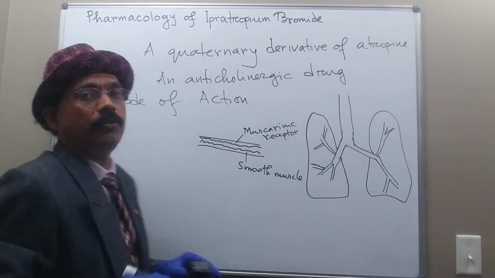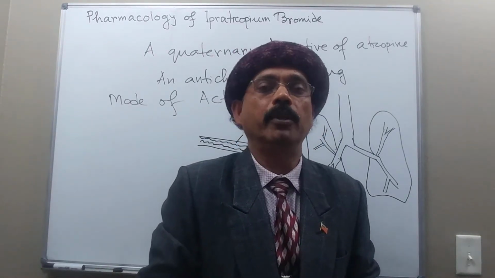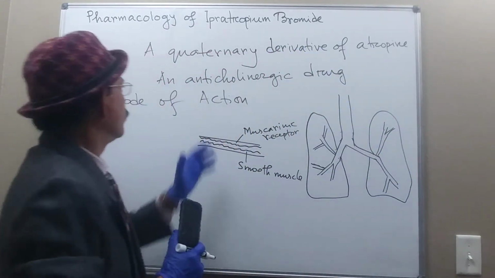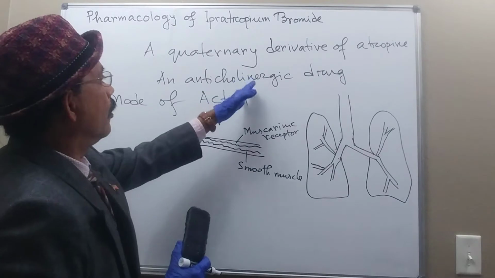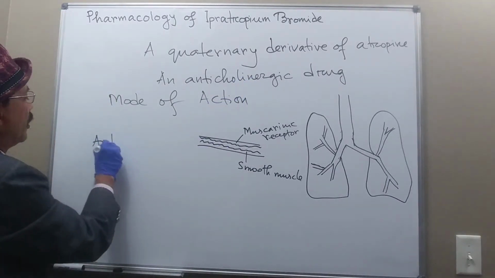In case of bronchial asthma and chronic obstructive pulmonary disease, these smooth muscles are in spasm. So the action of this medication is antispasmodic.